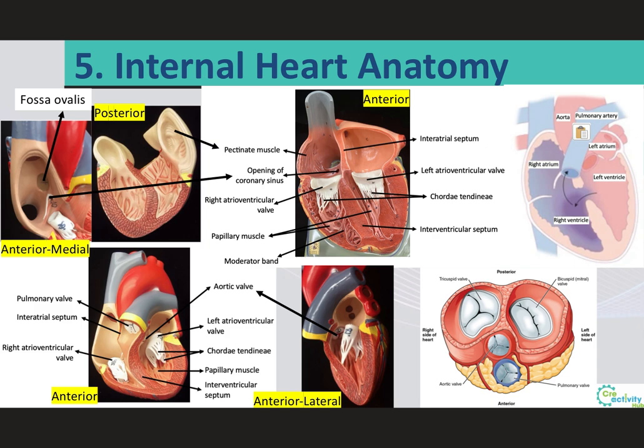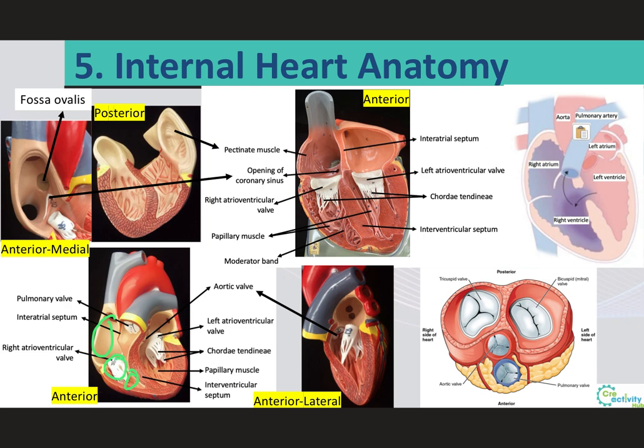There are 4 heart valves, and the main function of any valve is to prevent the backflow of blood from returning to its original compartment. And there are 2 that will be present between the atria and the ventricles of both sides. The one on the right side is between the right atrium and the right ventricle, and it is called the right atrioventricular valve.